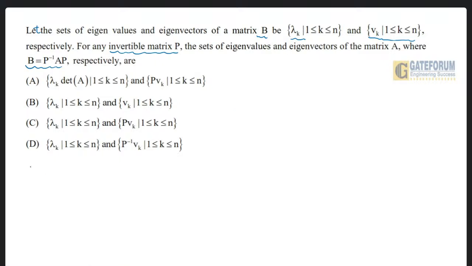According to the properties of eigenvalues and eigenvectors, matrices A and B are called similar matrices. Similar matrices have the same eigenvalues. So the eigenvalues of the matrix A are nothing but lambda k, for 1 less than or equal to k less than or equal to n.